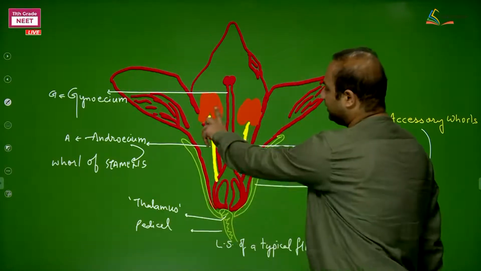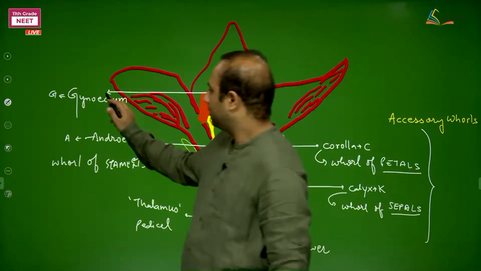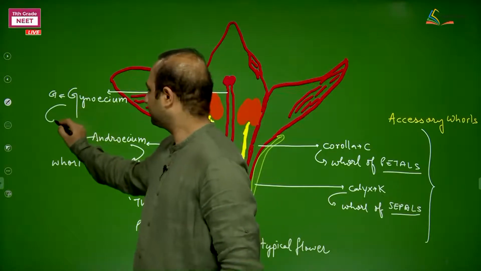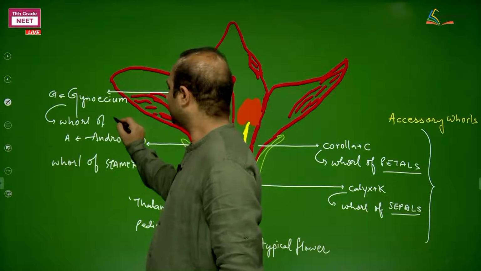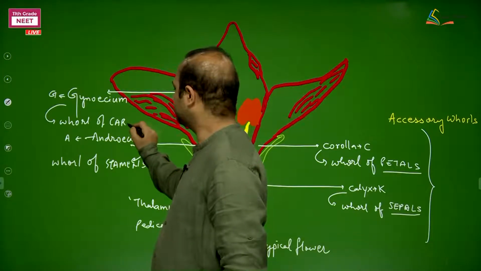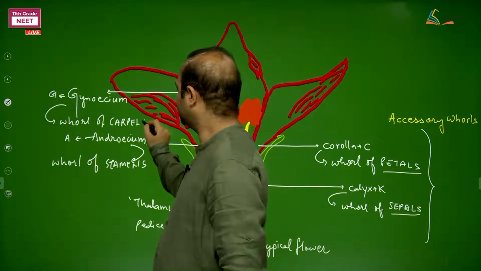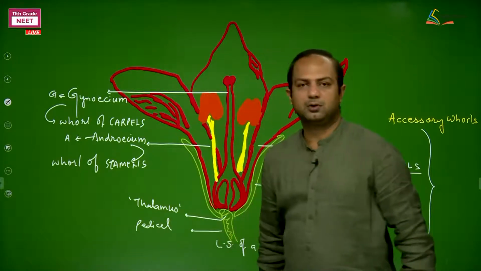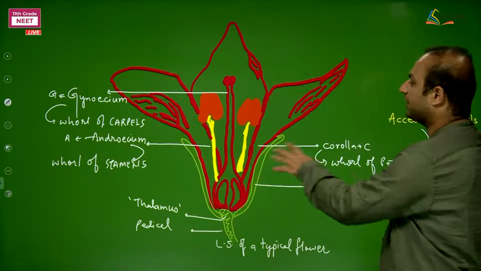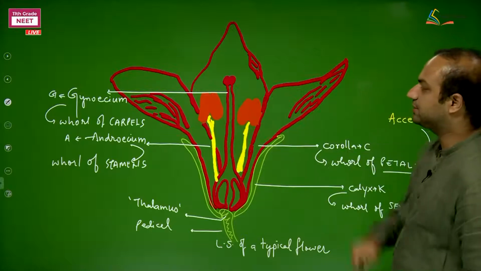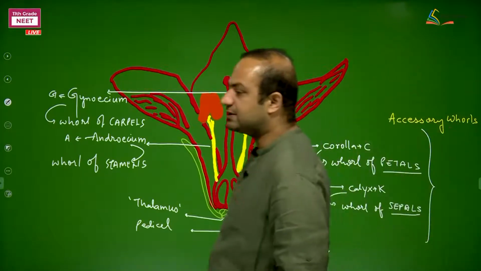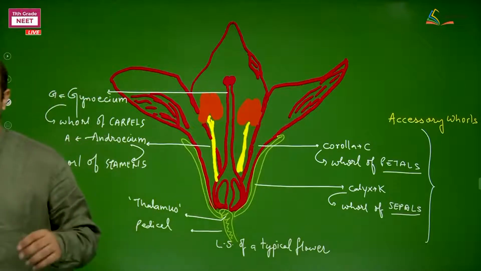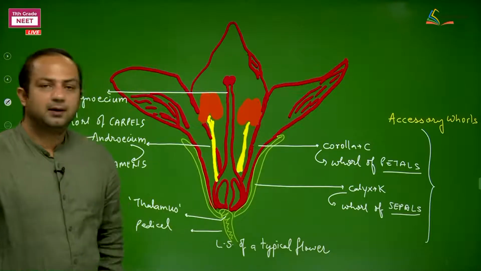These individual structures are called stamens. Gynoecium is a whorl of carpels. So we have studied the individual members. Gynoecium is represented by G, androecium by A, and on this side corolla by C, and calyx by K.